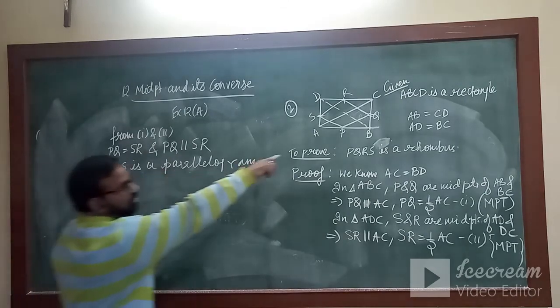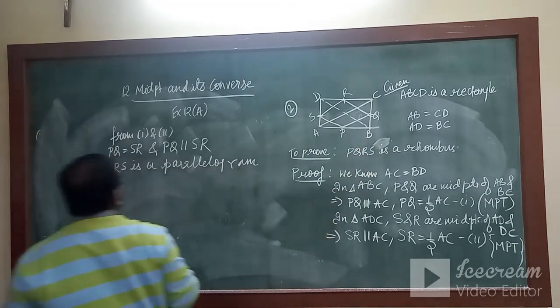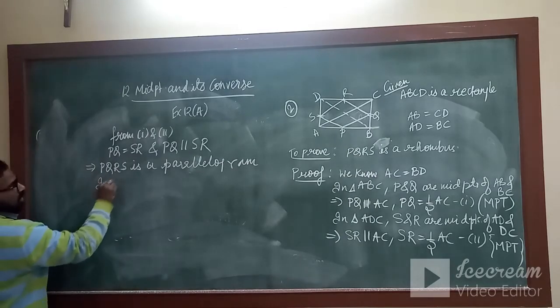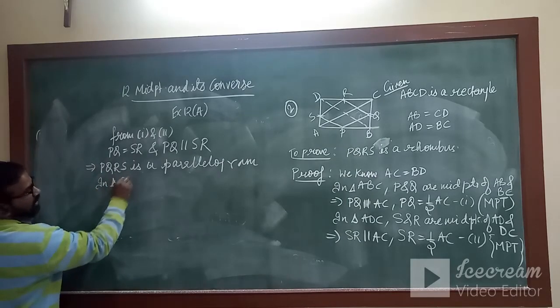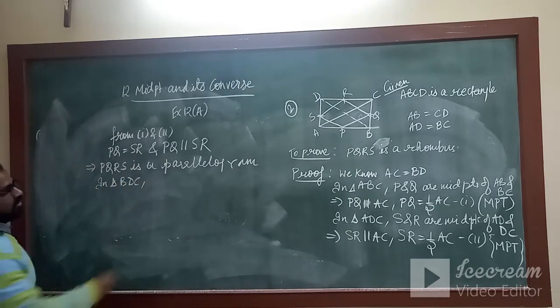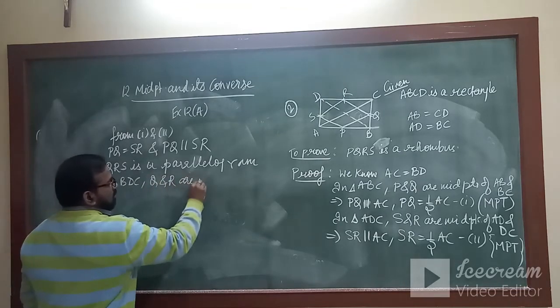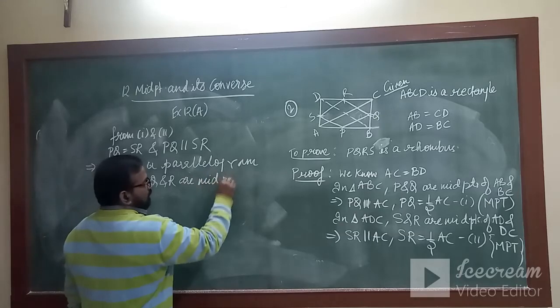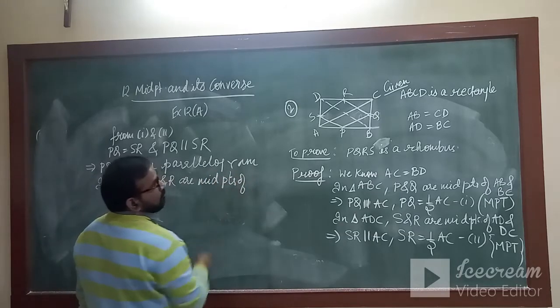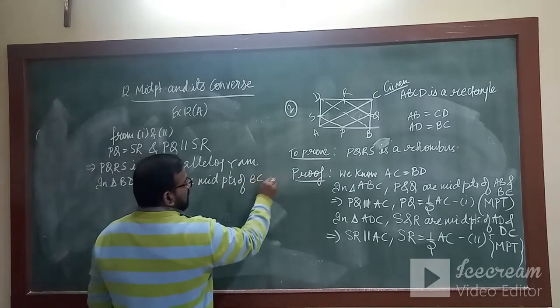Now we will use this diagonal BD. How? We will take in triangle BDC, Q and R are midpoints of BC and DC.